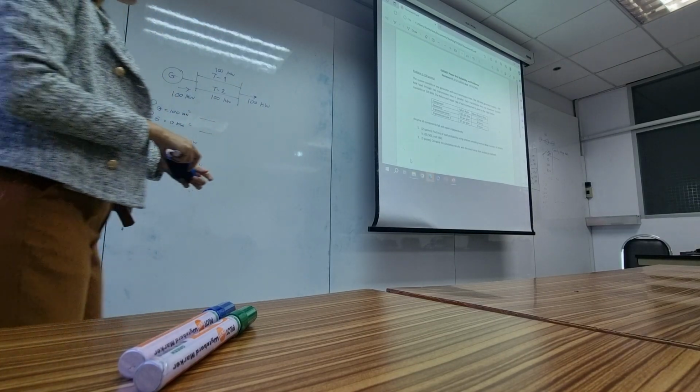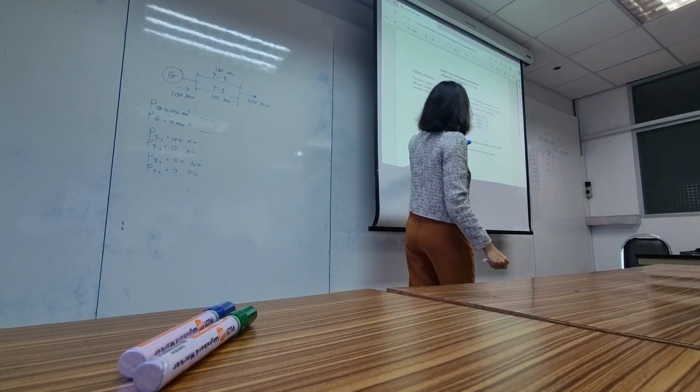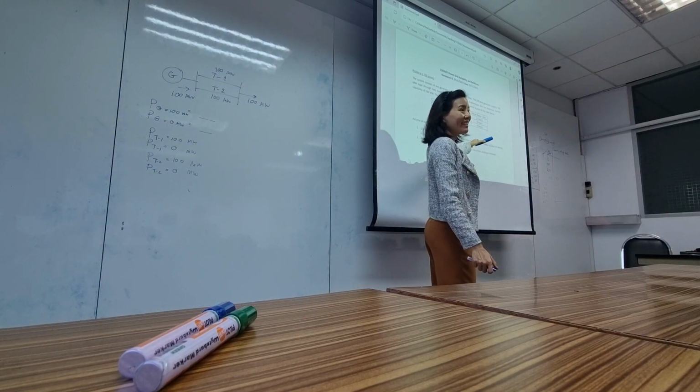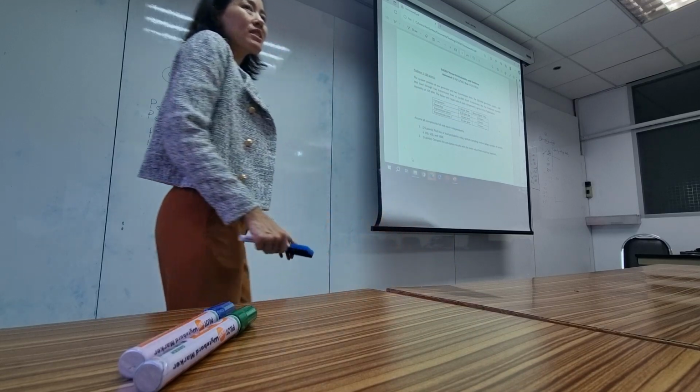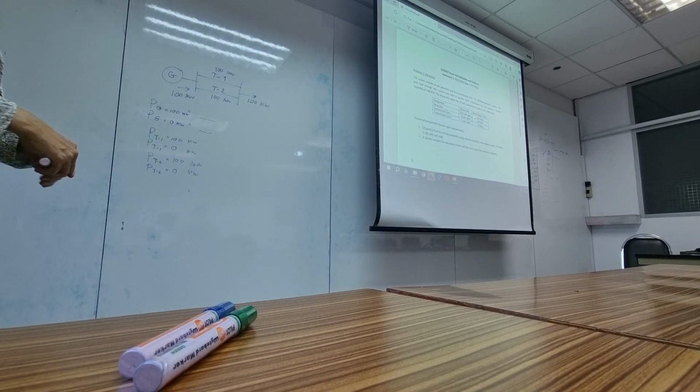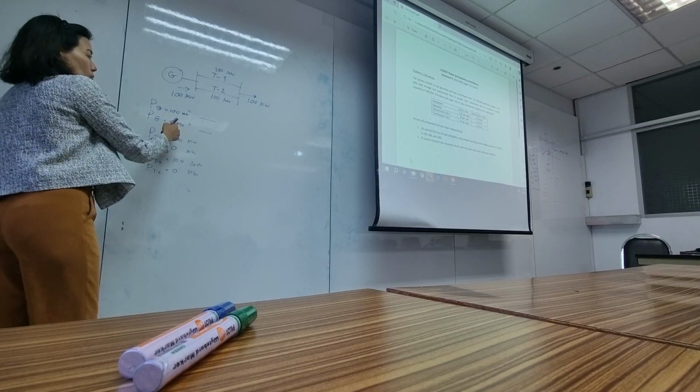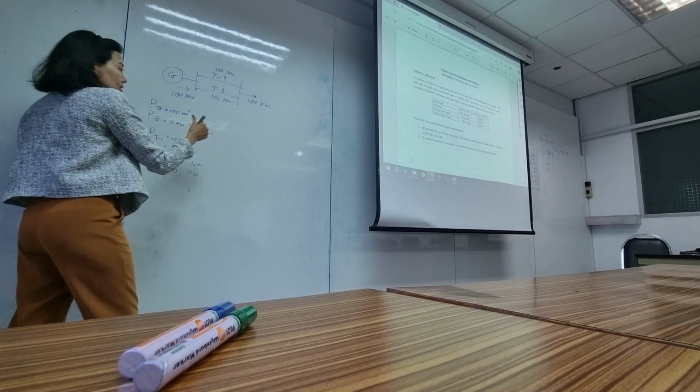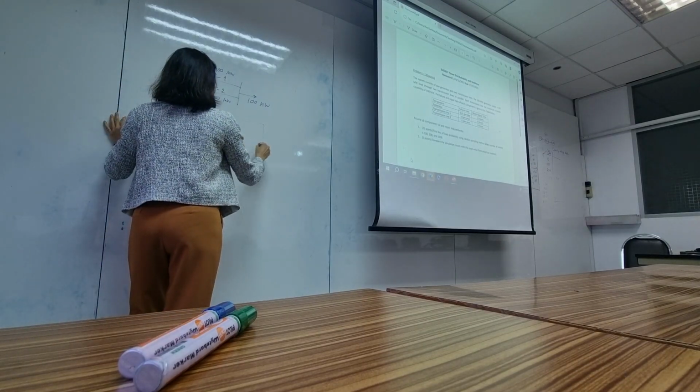Now, I explicitly asked for the random sampling. What does it mean by random sampling? Random sampling is that you know the probability. Let's say this is a generation.